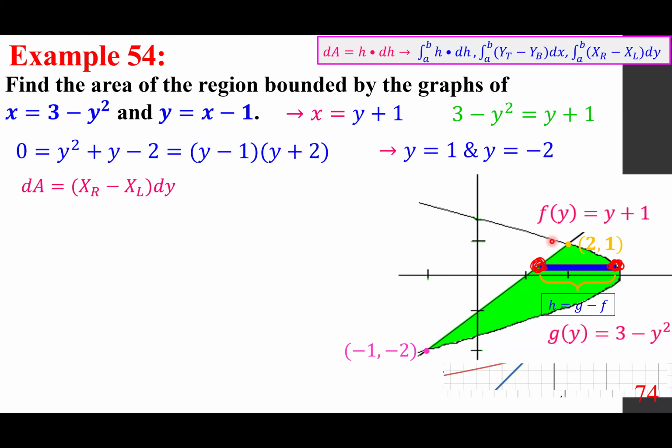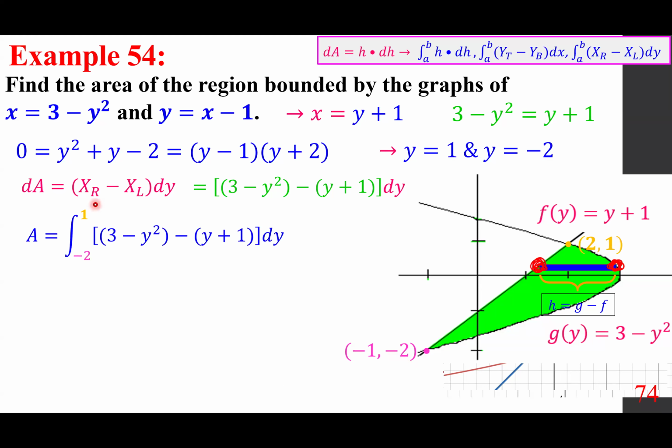X of the right is 3 minus y squared, minus x of the left, which is y plus 1. We are going to take the integral of this from, now it's going to go up and down, so the limits of integration come from the y coordinates, from -2 to 1. So pay attention to why we are using those coordinates, from -2 to 1.